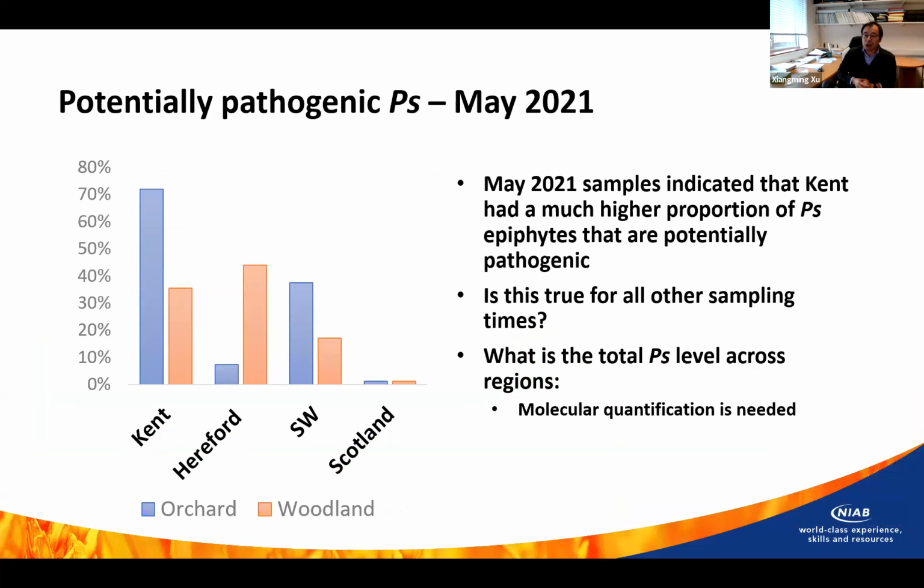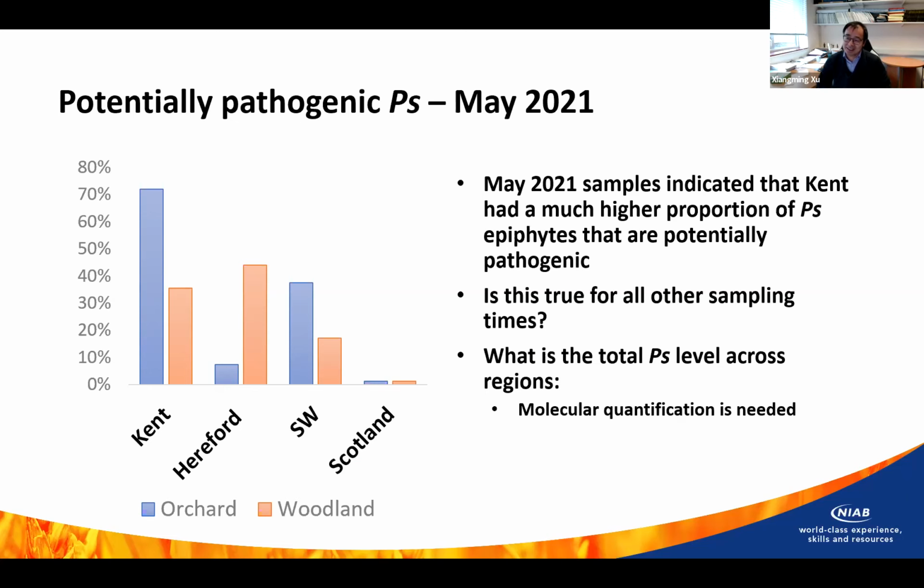What we found out, very interestingly, is that through molecular sequencing, we showed the potentially pathogenic Pseudomonas syringae, as a proportion of the isolates we obtained, is far higher in Kent and Southwest, particularly in orchards. In Scotland, virtually 0.